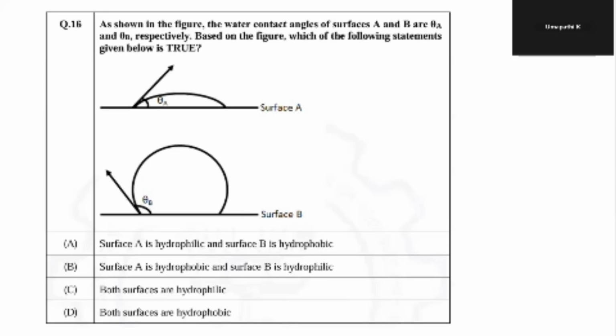Here they have given the two concepts, whether the water molecules are adjacent to the surface or not. So it can be categorized into two: hydrophilic and hydrophobic. Hydrophilic is nothing but water loving, while hydrophobic means water fearing. These terms describe how water interacts with surfaces and molecules.